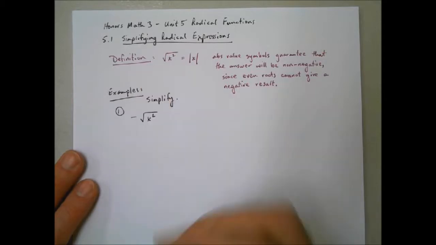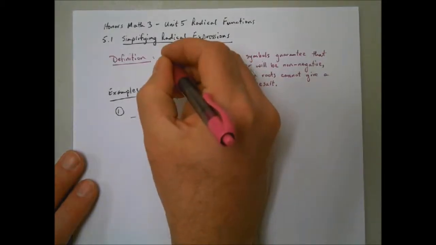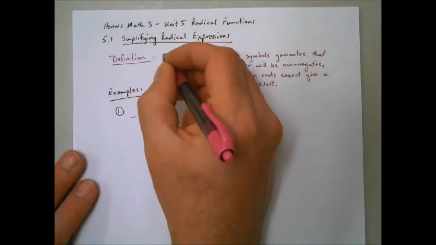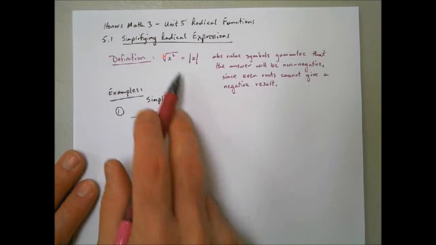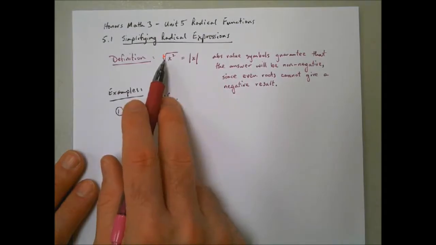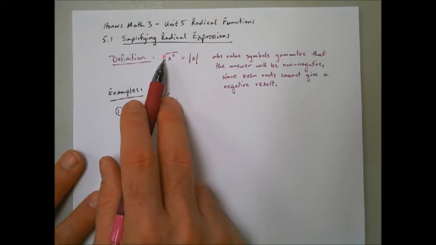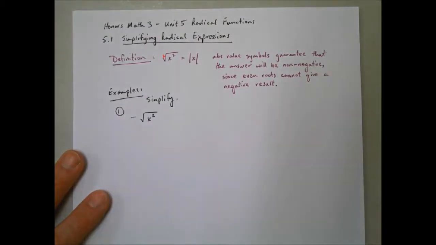We don't write it. We understand that there is a little 2 in the notch. If you do see a little number in the notch, then it's probably something other than a square root, because with square roots, we understand that if there is no number written in the notch, it is a second root that we are looking for.